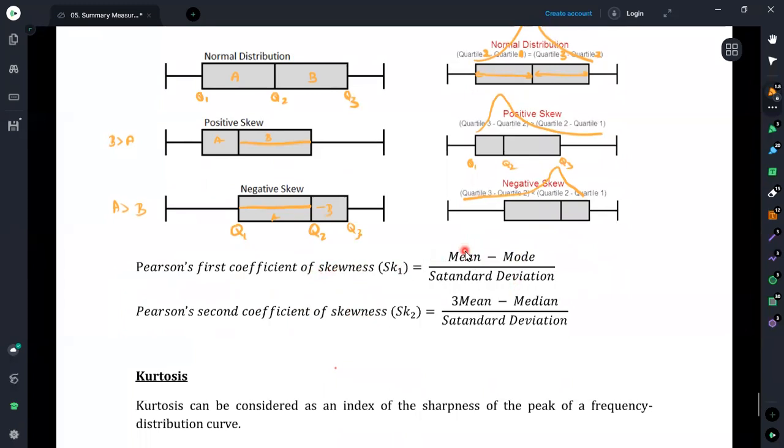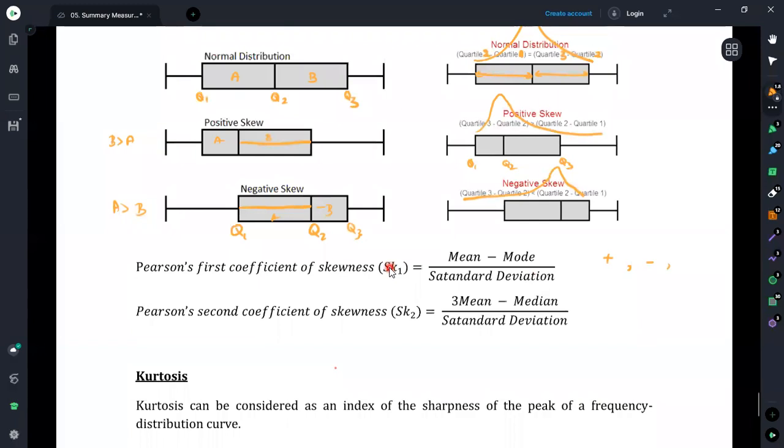If you have the values for mean and mode, then mean minus mode over standard deviation gives Pearson's first coefficient of skewness. If we get a positive value, it is positively skewed. If it gets a negative value, it is negatively skewed.